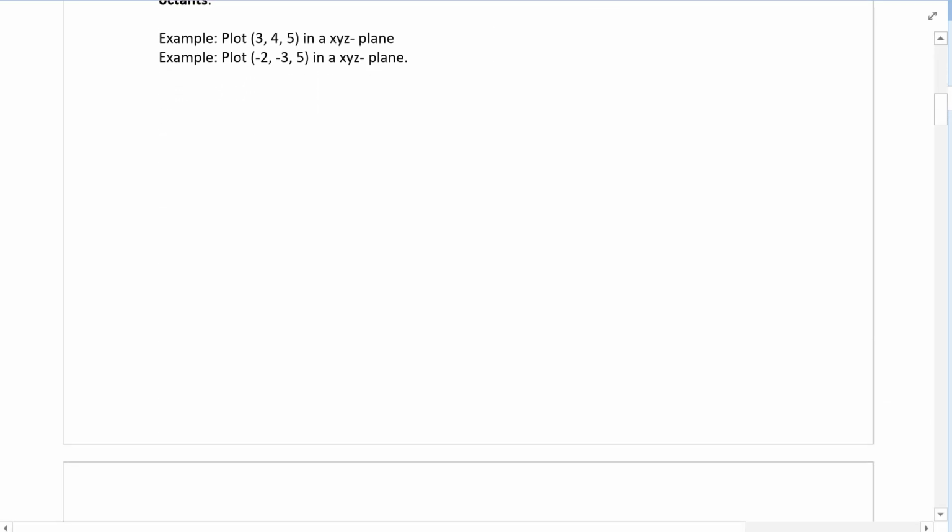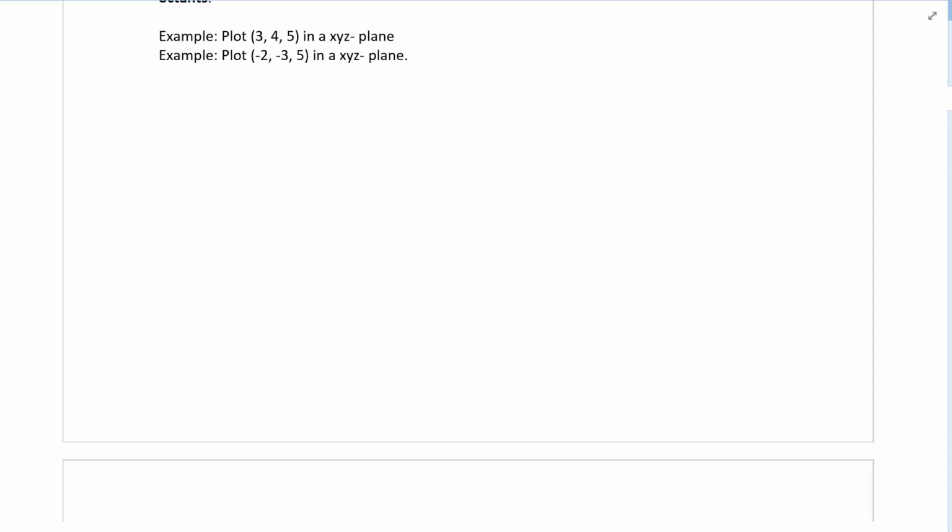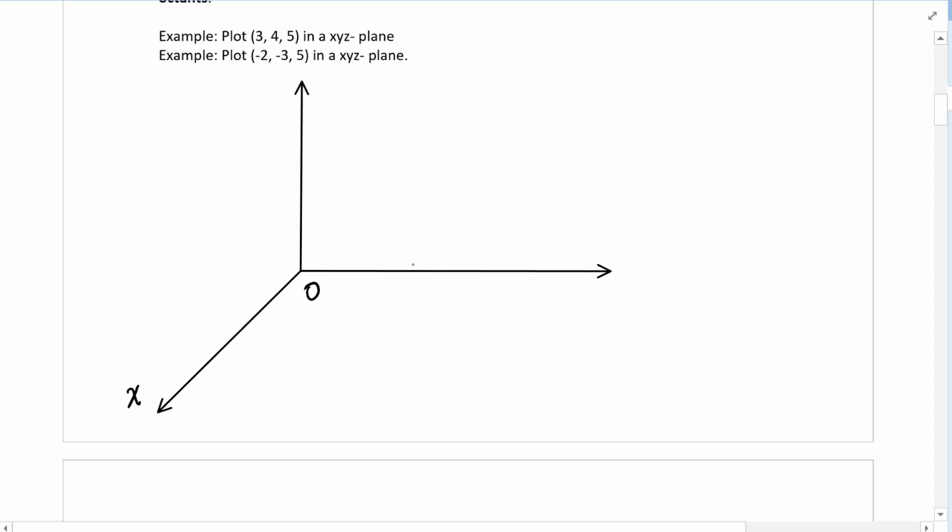Now let's do a few problems where we want to plot a few points in the XYZ plane. So we have the X, O, Y, Z plane, and let's call this point A. We want to plot 3, 4, 5. So X is 3, Y is 4, Z is 5. X is 3: 1, 2, 3. Y is 4: 1, 2, 3, 4.